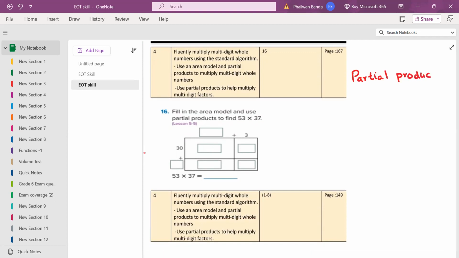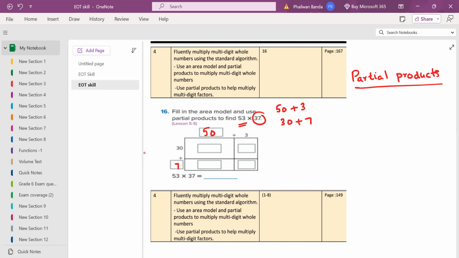When you see this word partial products, what will you do? 53, I can write 53 as 50 plus 3 and 37 as 30 plus 7. Okay, so already here you see plus 3 you have. You don't have 50. So put the 50 here. And out of 30 and 7, 30 is there. Put another 7 here.